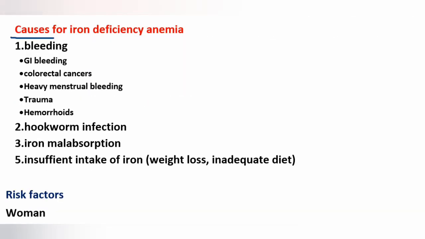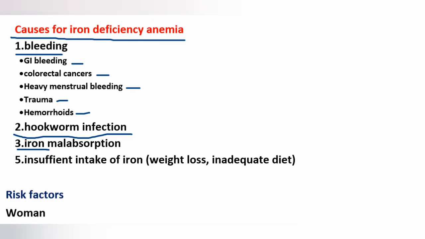Causes for iron deficiency anemia. First one is bleeding, like GI bleeding, colorectal cancers, heavy menstrual bleeding, trauma, and hemorrhoids. Next one is hookworm infection, iron malabsorption, insufficient intake of iron.